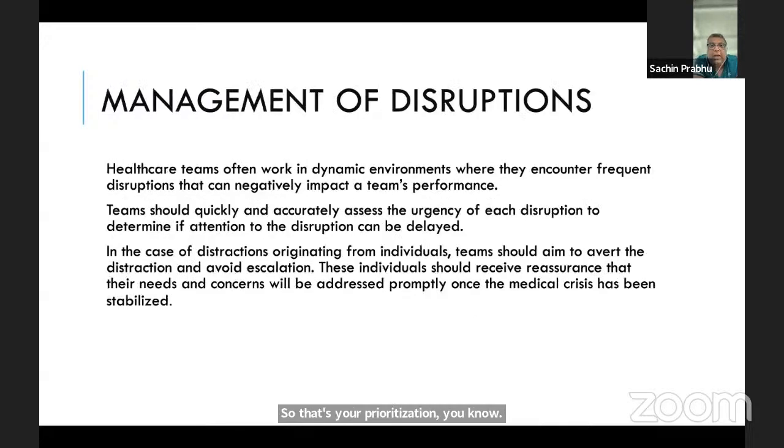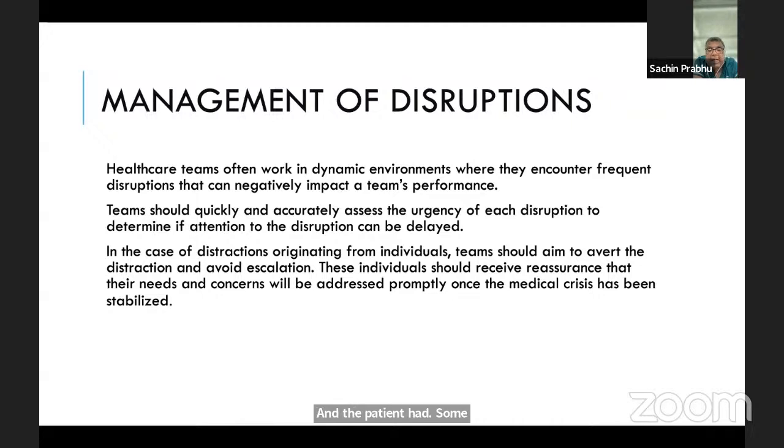Next slide, please. Management of disruptions. This is very, very important actually. I've spoken about this earlier, that there are disruptions, and you don't even know as an anesthetist how many disruptions there are. Many years ago, about 20, 25 years ago, I was in the simulator, and the patient had some scenario, and I managed the scenario.